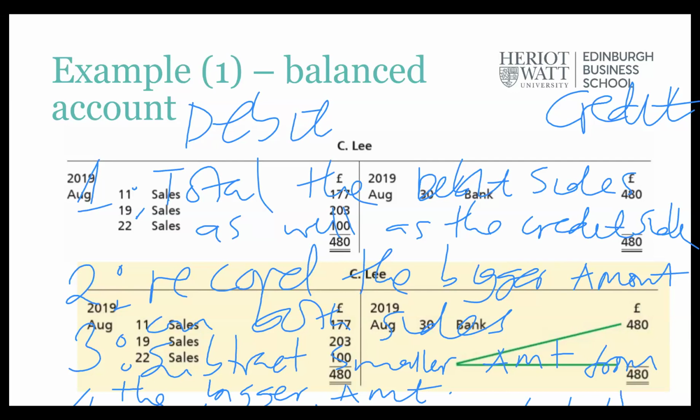So record the difference as what? Balance carried down. It is usually recorded on the smaller side.